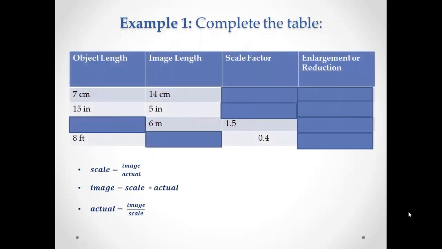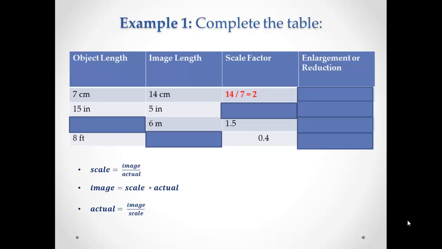Okay, so let's look at a couple of examples. We'll fill out the table, and we see the formulas down below that we would be using. First of all, in the very first row, 7 centimeters, 14 centimeters, what we're looking for is a scale factor. We must be using the first formula, which is image over the actual. 14 is the image, 7 is the object length, and the scale factor is 2.